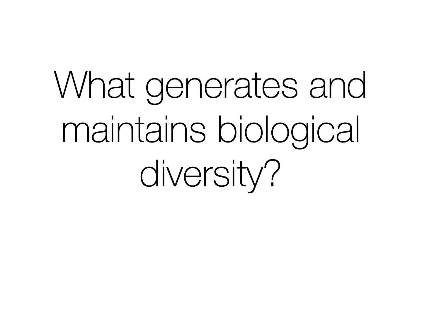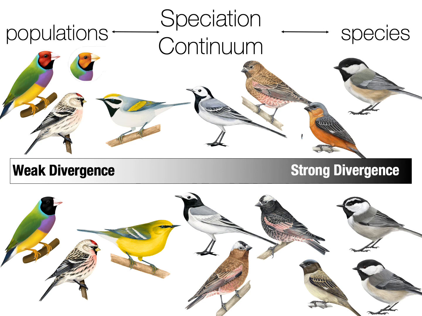Certainly we won't ever have one answer, but we're starting to understand from various avian systems, either weakly divergent systems or strongly divergent systems, the genetic basis of traits we know are involved in reproductive isolation, or the genetic basis of things that we know lead to low hybrid fitness. And we're able to accomplish this because we are working on multiple systems across this speciation continuum.